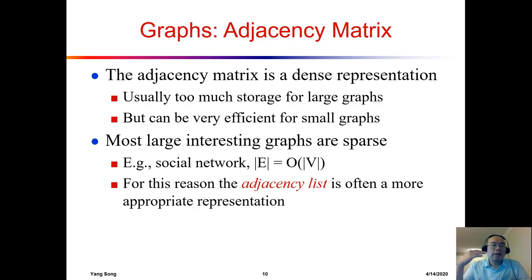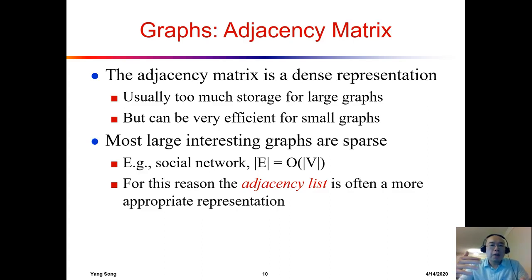If you are considering an n by n matrix for a social network, for example all the users on Facebook or on Twitter, this matrix is very likely to be super sparse.